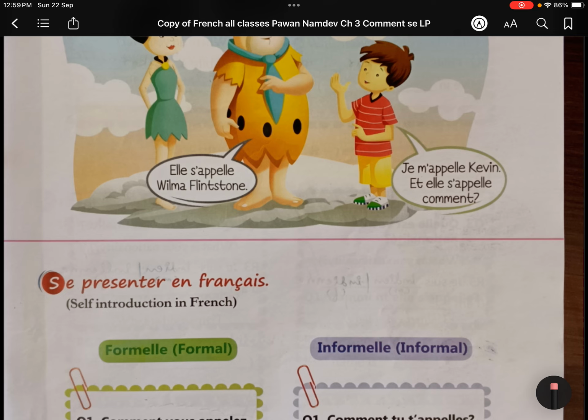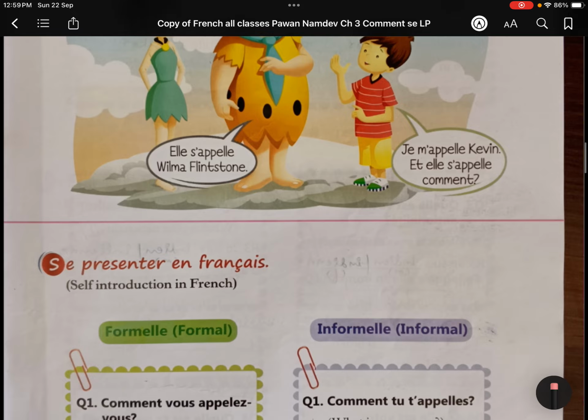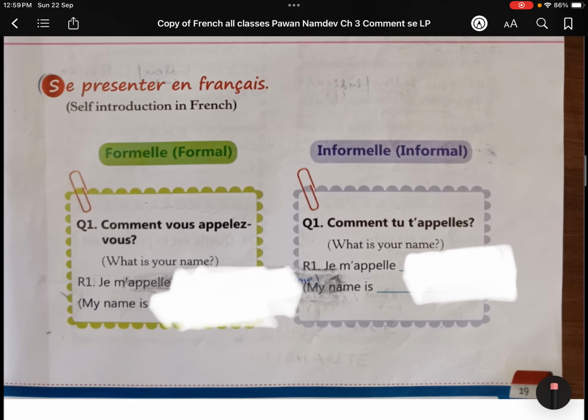She called herself Wilma Flintstone, means her name is Wilma Flintstone. It's not a literal translation, but it's an equivalent translation. She called herself Wilma Flintstone.